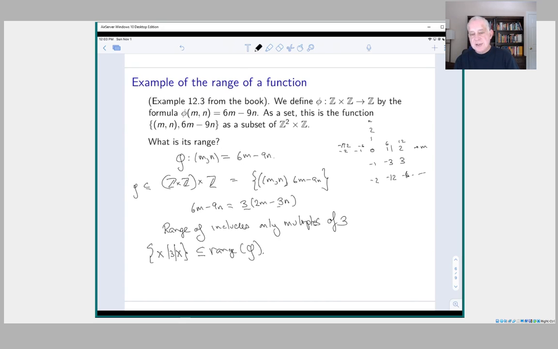And here we can use a theorem that we proved earlier in the book. We can use Euclid's algorithm, which tells us that the set of values of 6m minus 9n is precisely equal to the multiples of the greatest common divisor of 6 and 9, which is exactly the multiples of 3.